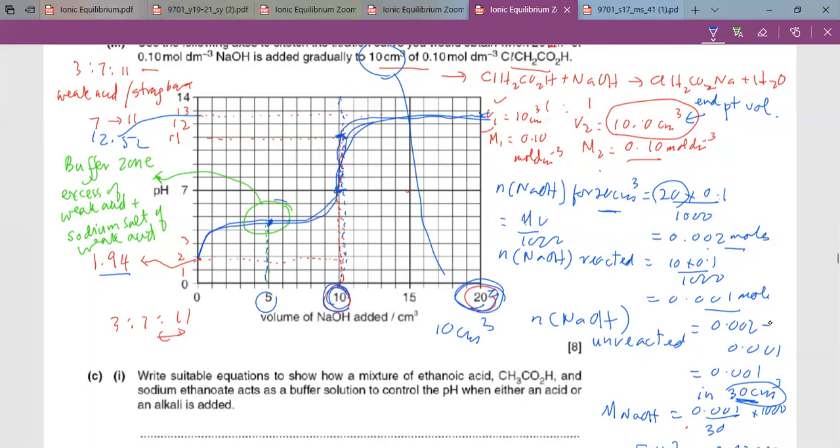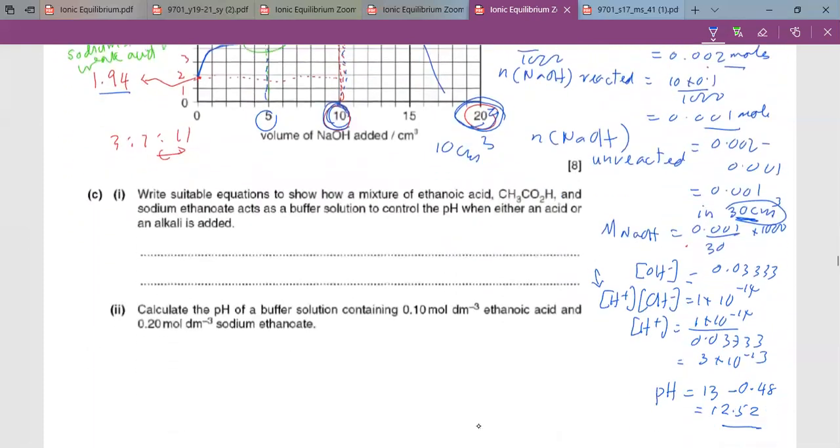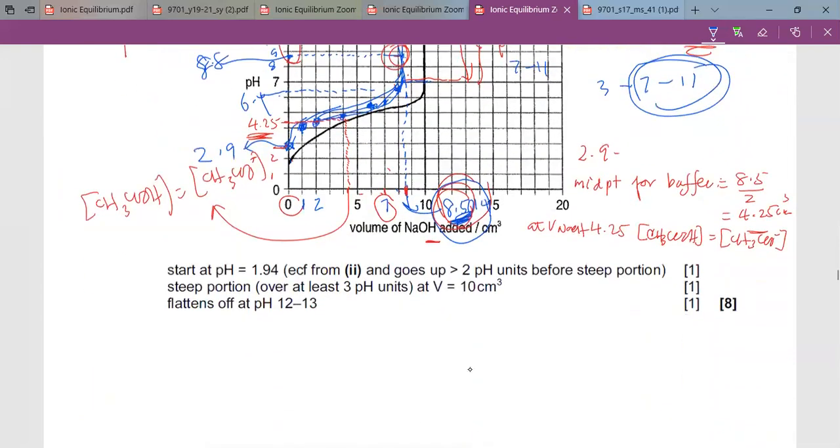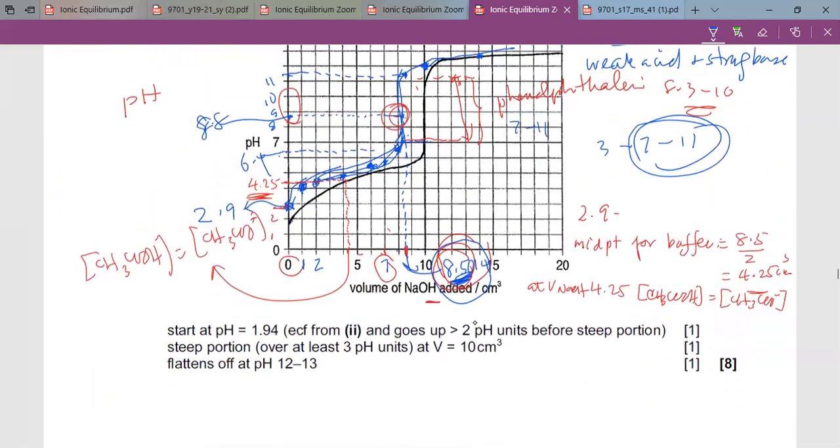So all right, now for the answer, you can see the marking scheme. We went over this just now. The starting pH is 1.94, 1 mark here. Second mark, it goes up, up here greater than 2, 1 mark, before the steep portion.